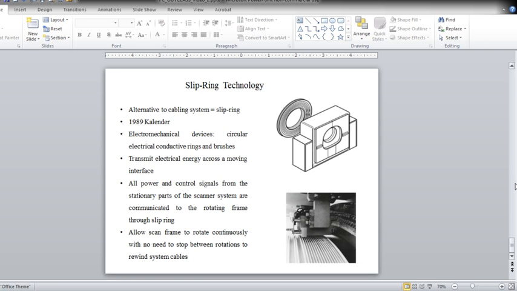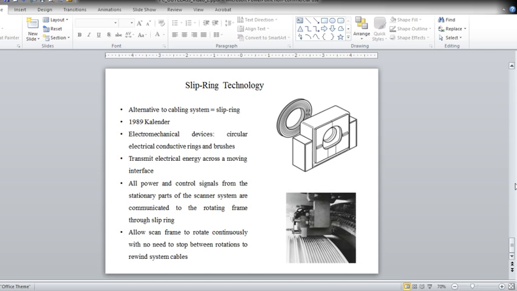Device-wise, it is an electromechanical device which has circular electronic connecting rings and brushes. Because of the rings and brushes, it transmits electrical energy across the moving interface. It allows power and control signals from the stationary part of the scanner system to communicate with the rotating frame through the slip ring. It also allows the scan frame to rotate continuously, with no need to stop between rotations to rewind the system cable.